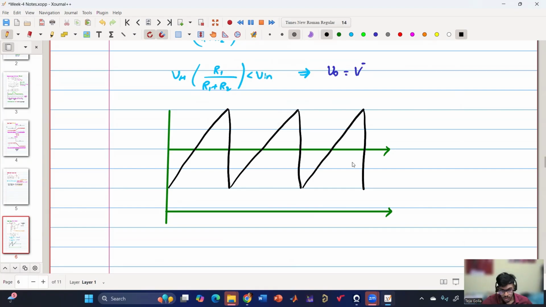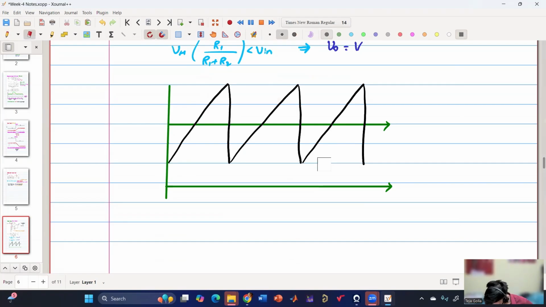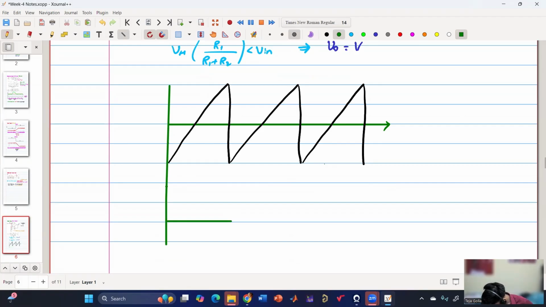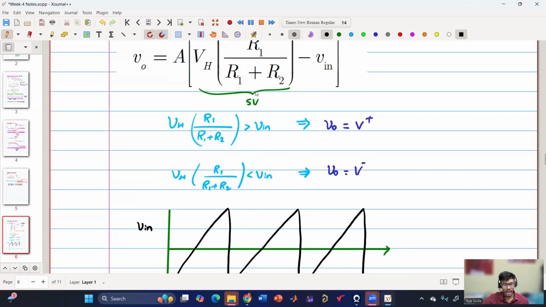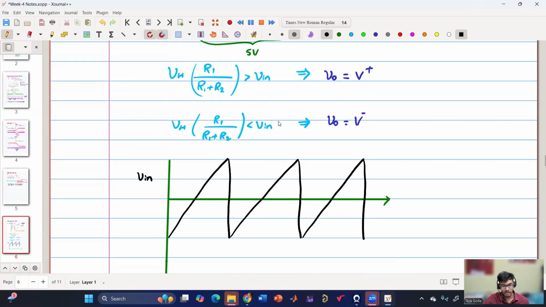Okay, so maybe I should bring this down. So this is my V in. Say the black color waveform is my V in, and now I have calculated this, so I am getting +5 and -5.